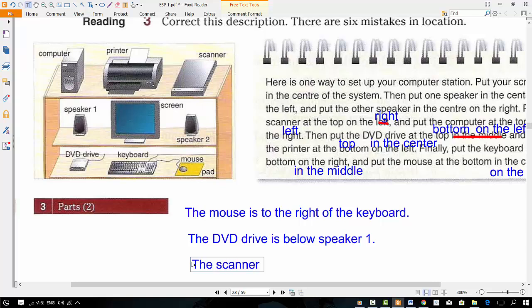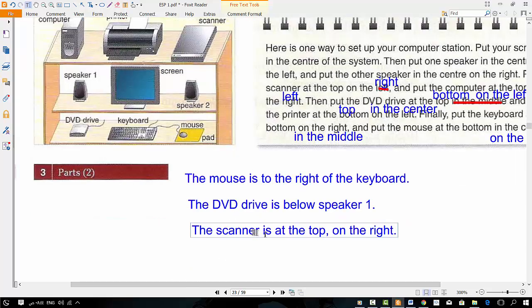The scanner is at the top, on the right.